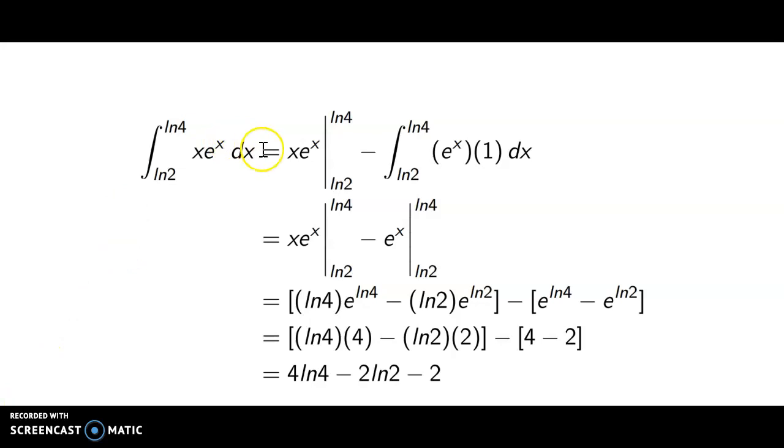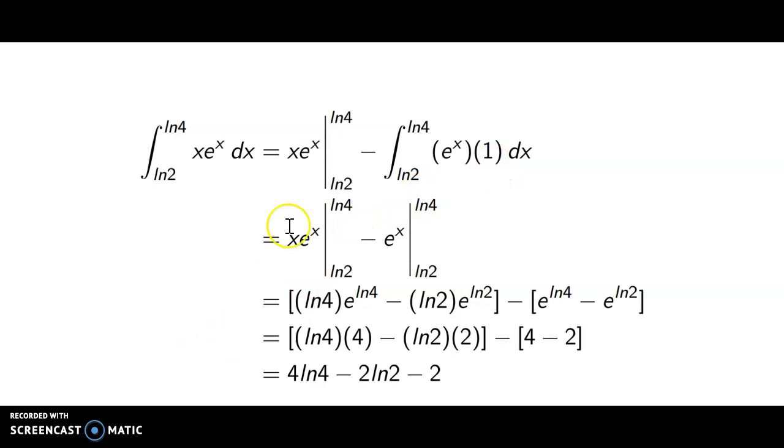Apply the formula, it will equal x times e to the x from log 2 to log 4, subtract the antiderivative of e to the x times 1 from log 2 to log 4 dx.